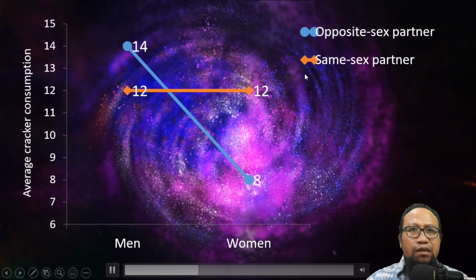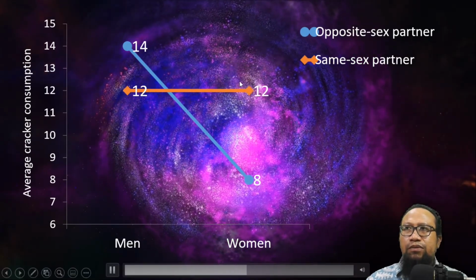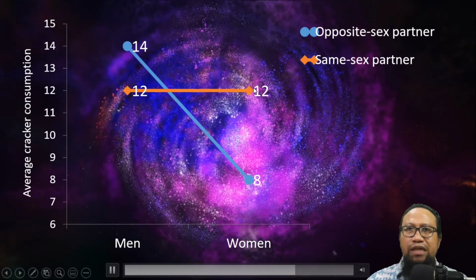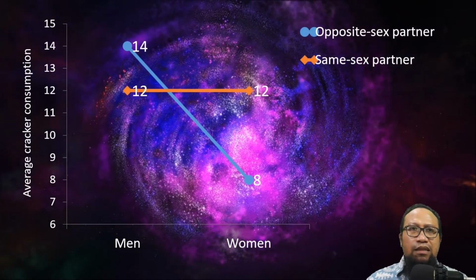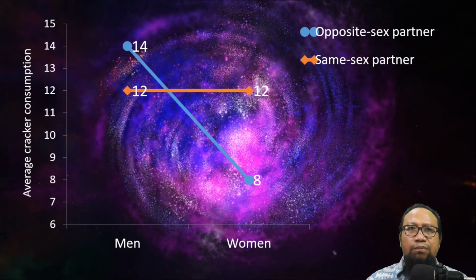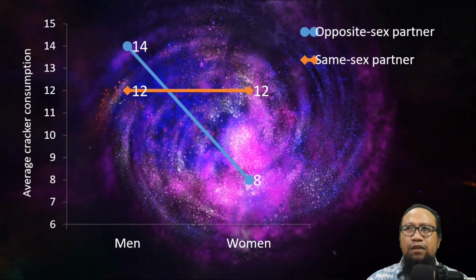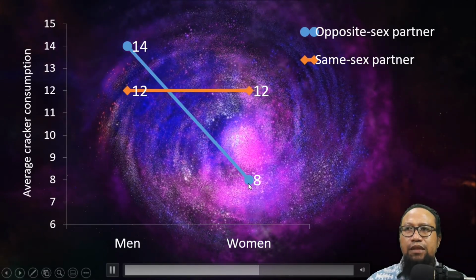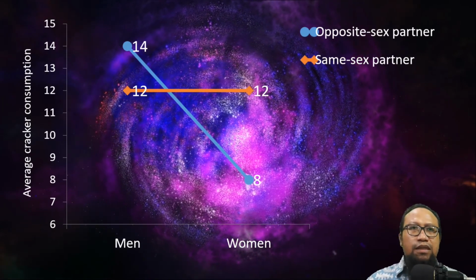If the partner was the same sex, so when women eat with women, they eat 12 crackers, but when they eat with an opposite gender partner, women only eat 8 crackers. So this is the interaction effect.